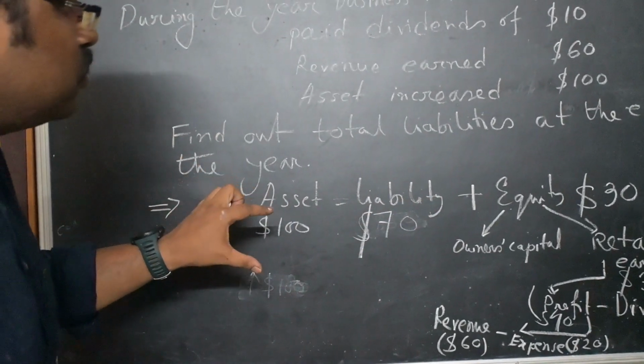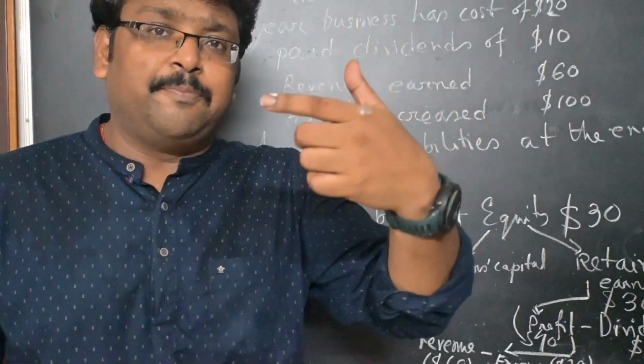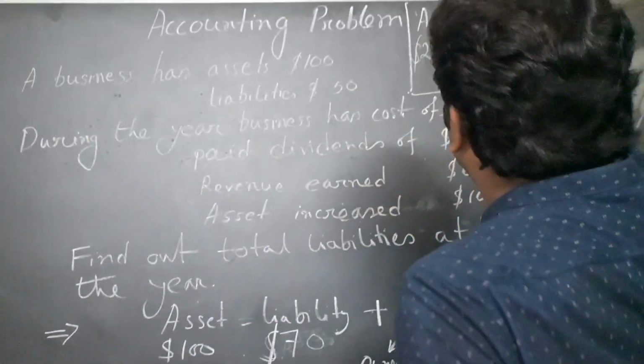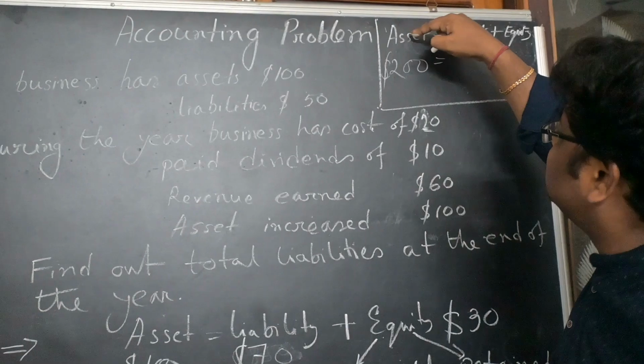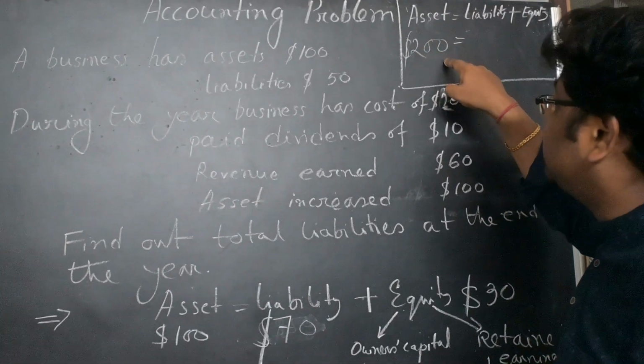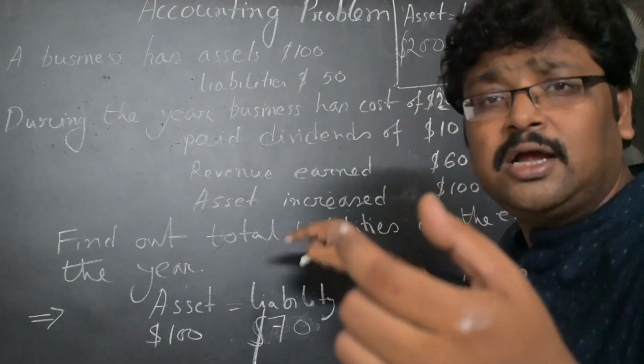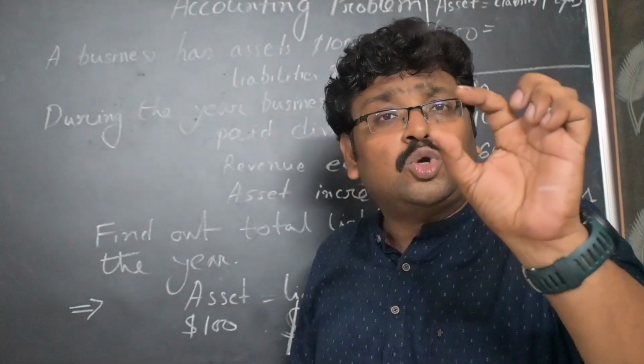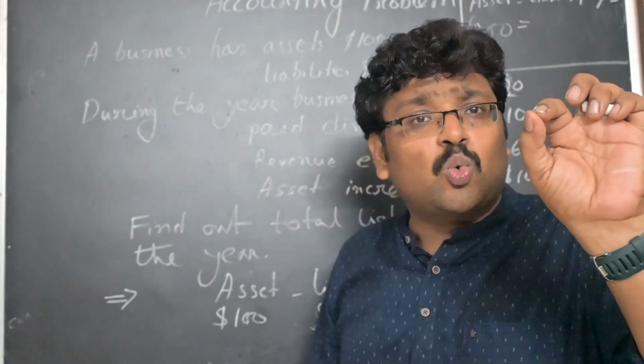Now at the end of the period, assets have increased to $200, because in the beginning it was $100 and during the period it is 100.